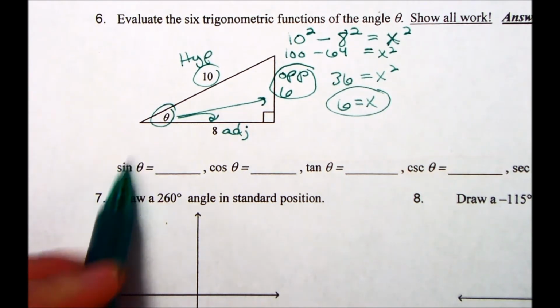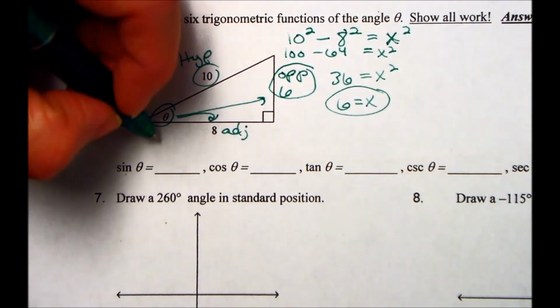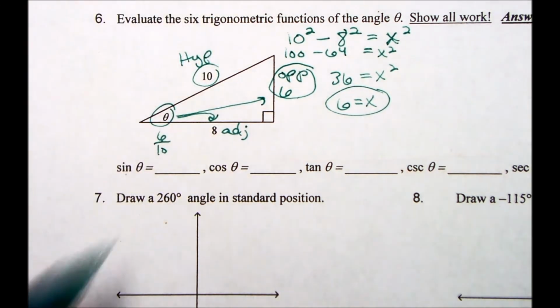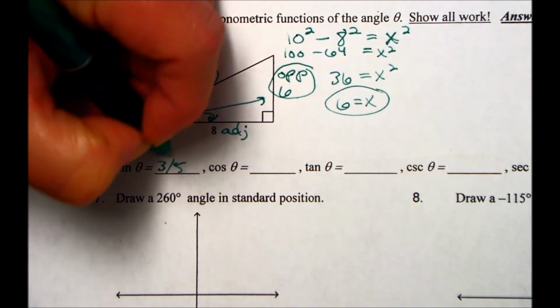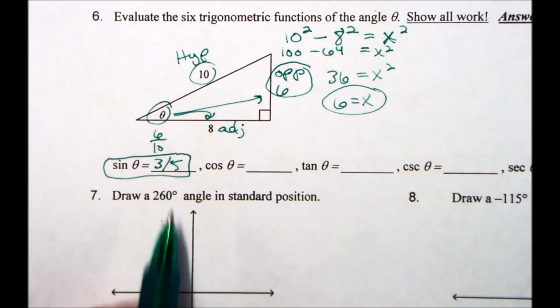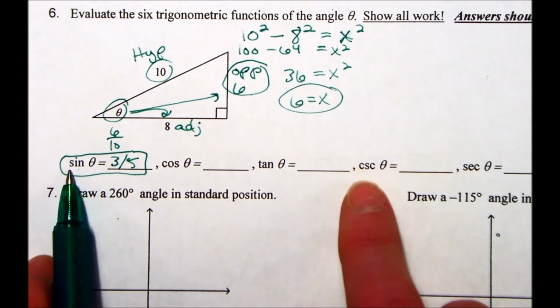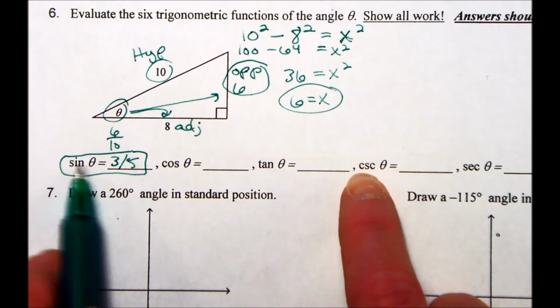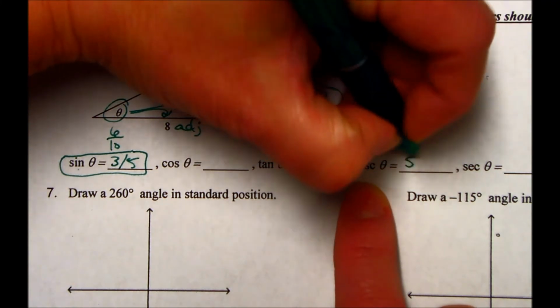Sine is opposite over hypotenuse, so 6 over 10. But I'm going to write it up here because I know it can be reduced. I can reduce that by 2, which will give me 3 over 5. And then if I want to look for the reciprocal, since that starts with an S, its reciprocal starts with a C. So if I flip that 3 fifths, it's going to be 5 thirds.